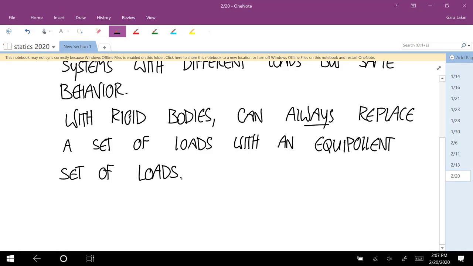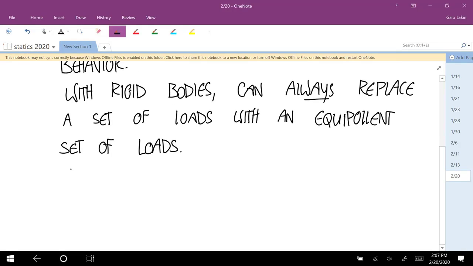So some examples of this are, well, the first one is one that we already have been using.